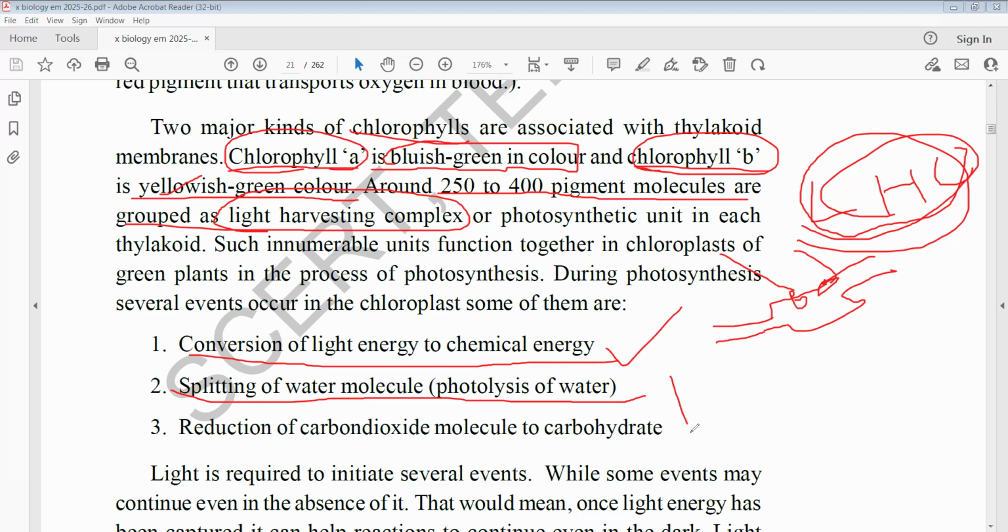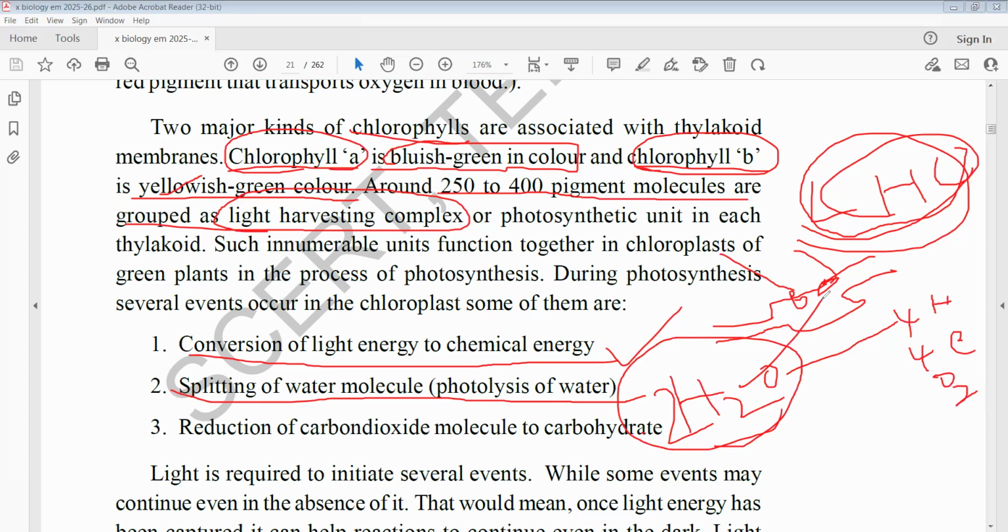So by splitting of water molecules, I am taking the breakdown of two molecules. If two water molecules break down, there will be 4 protons, 4H, 4 electrons, and 1 oxygen.